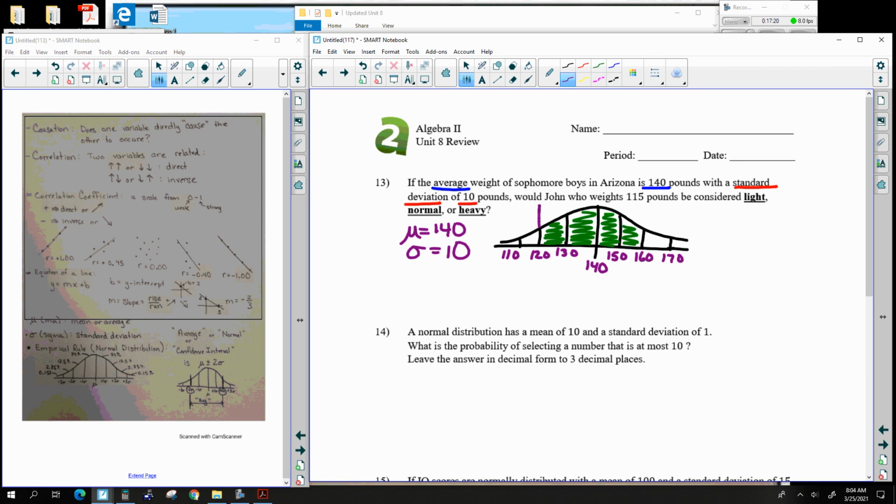So normal is 2 standard deviations up and 2 standard deviations down from that average. So what is average is everything in between 120 to 160. That is, quote unquote, in this case, normal.